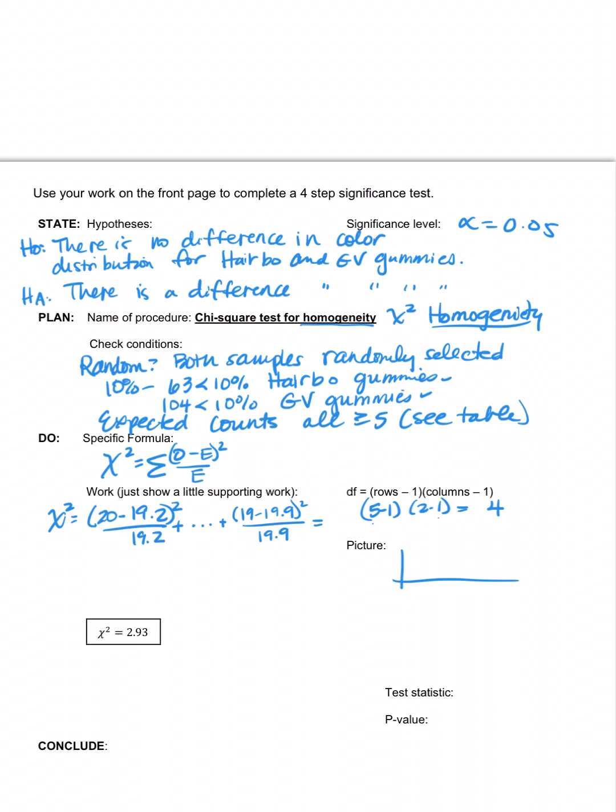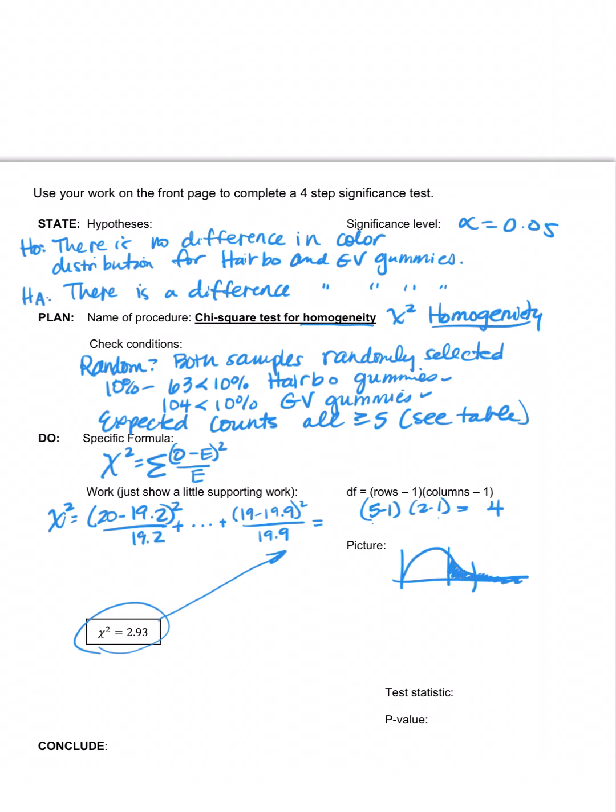Picture, chi-squared is always right skewed. It's always right tailed. And for the sake of this example, they're telling us the chi-squared comes out to 2.93. It's actually a pretty low chi-squared value.